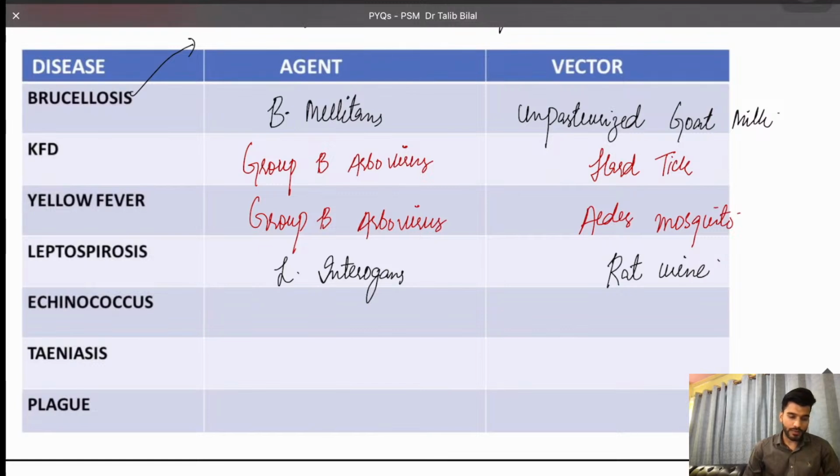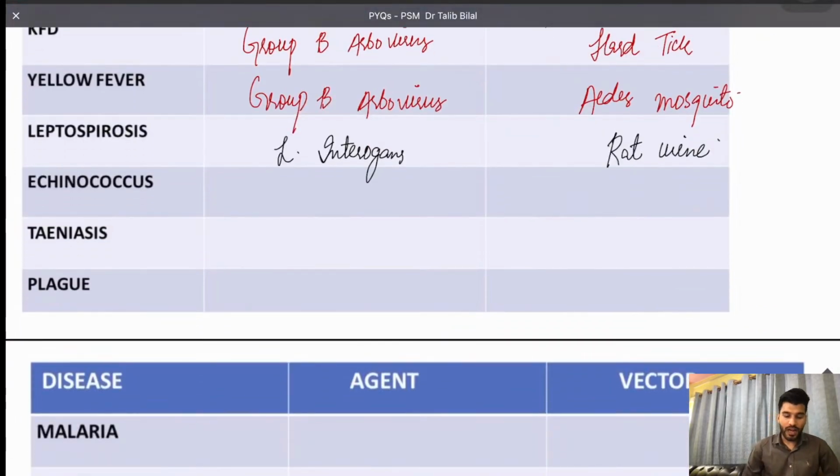No, not erythromycin. It is the same like mycin. What will be the drug of choice for leptospirosis? Yes, write down: it's due to the rat urine, and the drug of choice.